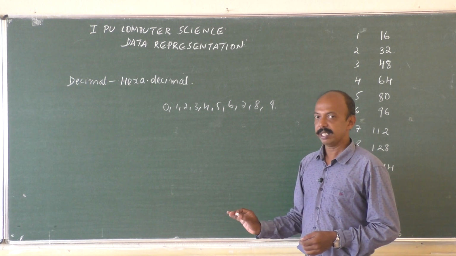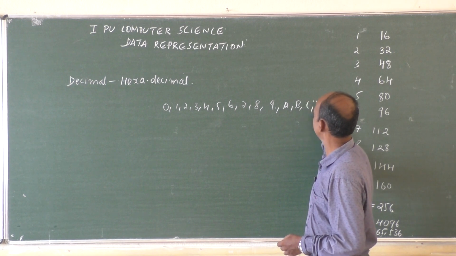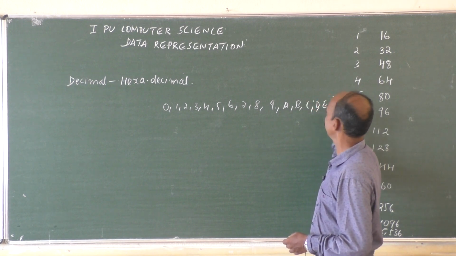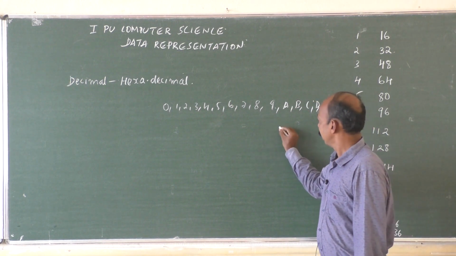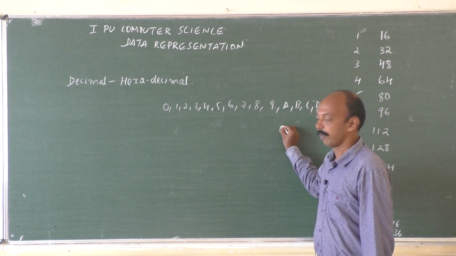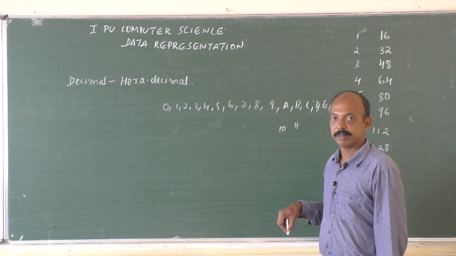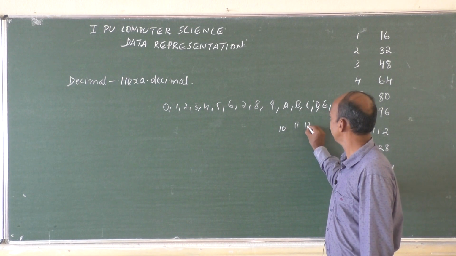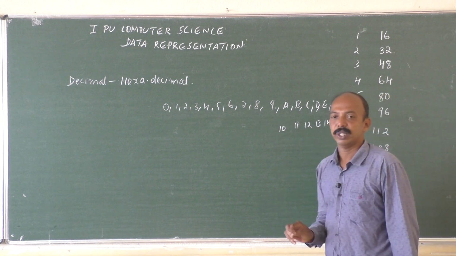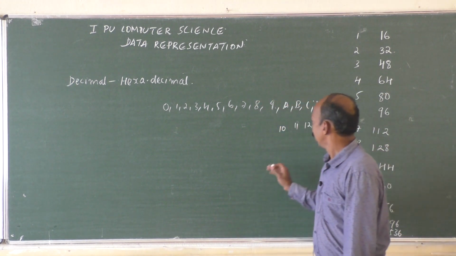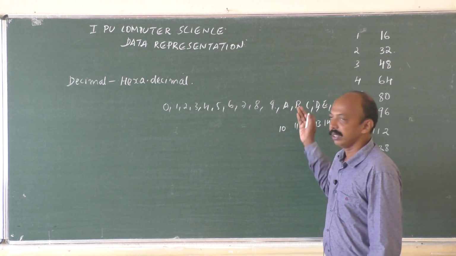Then it's not 10, it's A, B, C, D, E and F. That means after 9, the decimal equivalent will be 10, and in hexa we write A. For B, the decimal equivalent is 11. For C it is 12, D 13, E 14 and F 15. We need to remember this equivalent because when we are converting, we have to convert accordingly.